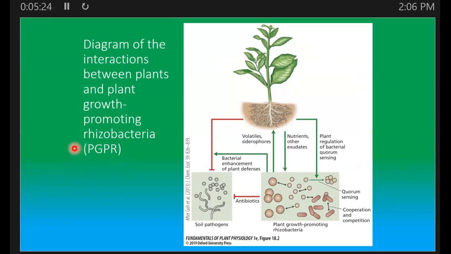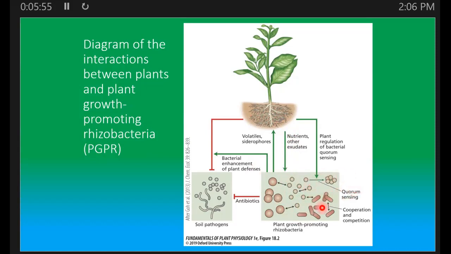You will also see similar acronyms like PGPM instead of R. PGPM is just M stands for microbes. So you'll see different versions of that acronym depending on which resource you're reading or who you're talking to. But this image is looking at several concepts, how you have the plant exuding certain nutrients that the microbes can use for their nutrition and energy needs.